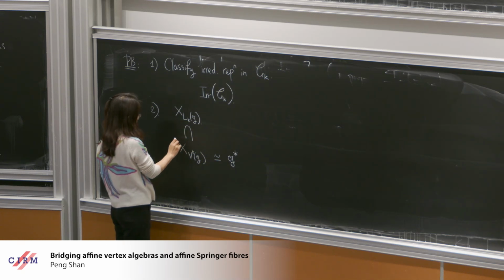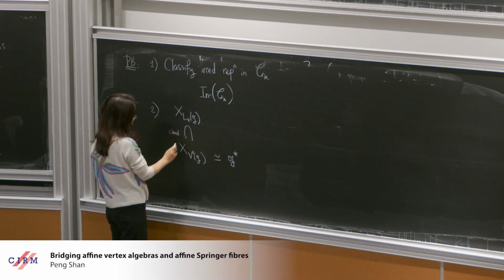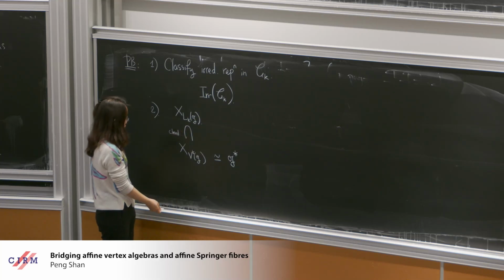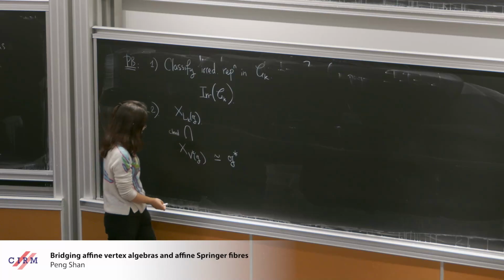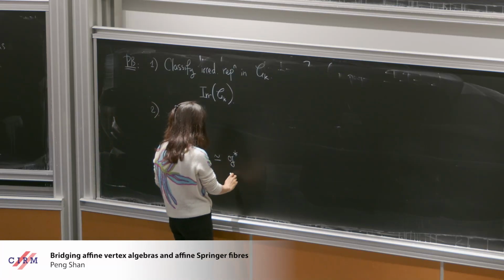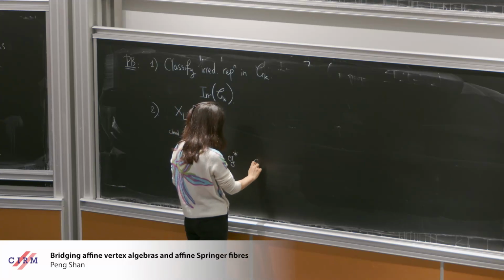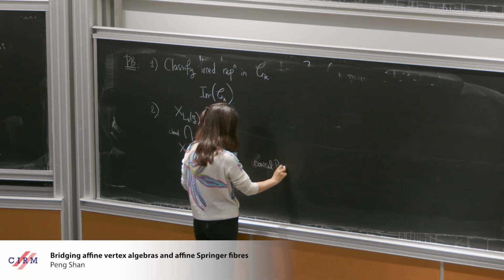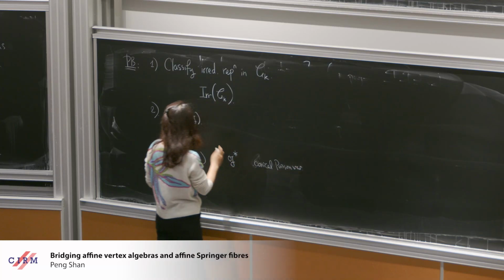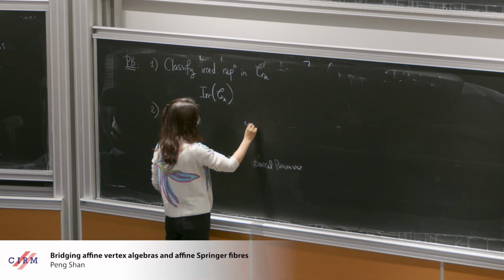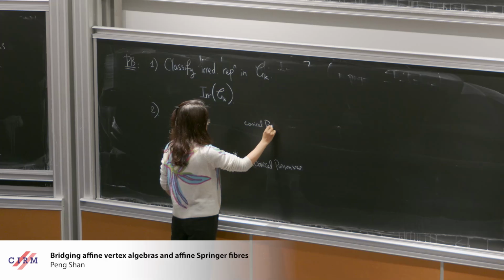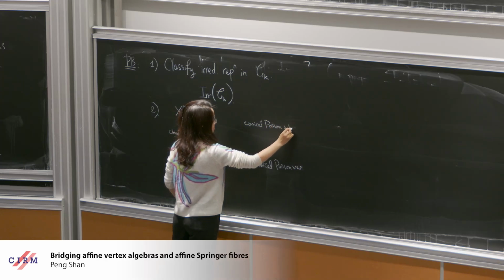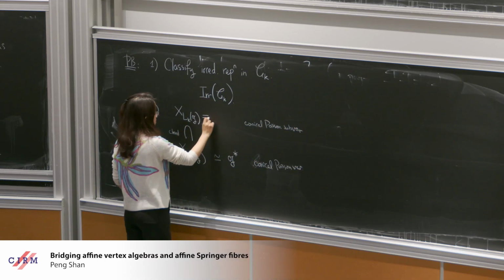So this is a closed subscheme inside here, so it's a Poisson subvariety. Moreover, there's a conformal structure on these vertex algebras, which says it's compatible with the dilation C-star action here. So this should be a conical Poisson subvariety. And the question is what is this?